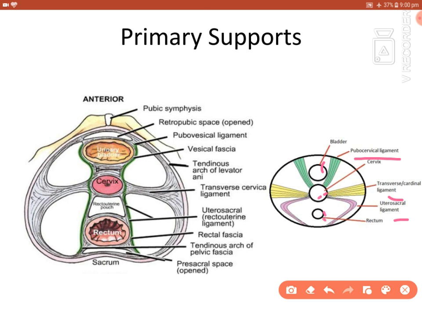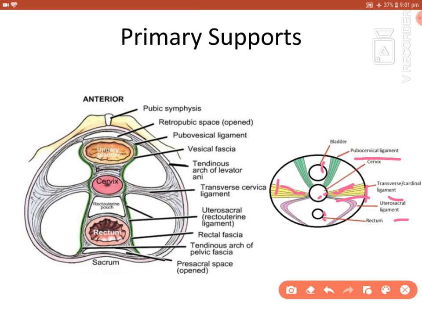From the cervix, towards each side, laterally, a fan shaped condensation of the pelvic fascia forms the transverse cervical ligament, attached to the lateral pelvic wall. It's also called Mackenrodt's ligament or the cardinal ligament.